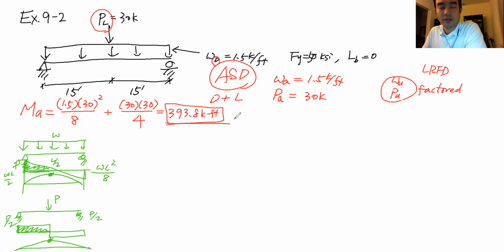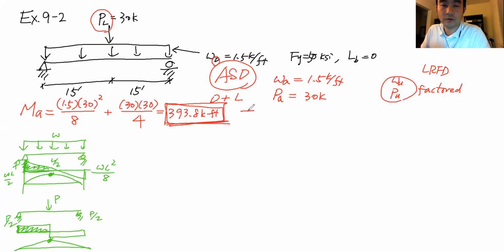What we're going to do, I said this is the first step to estimate the beam's weight. Again, this dead load doesn't include the beam weight yet. So based on the given dead load and live load, this is the maximum target moment without including the beam's weight. I'm going to go to Table 3-2 to see which size of beam will meet this criterion.